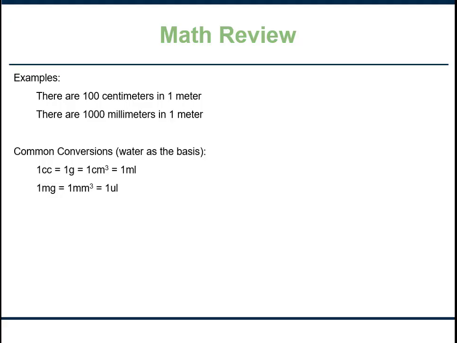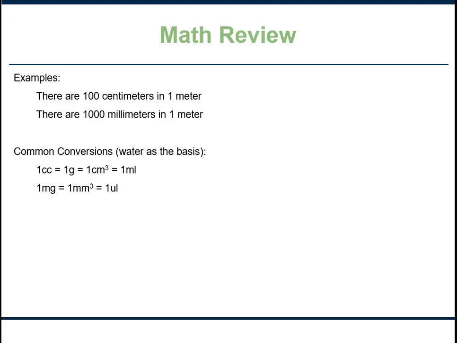It's very common to use a U symbol to represent micro, so 1 to the 1 millionth, and use an M symbol to represent milliliters. Now, I've seen other people use different symbols, because a lot of times if you write a U or you write an M, they can actually look very, very similar. So it can be confusing. So make sure that you're aware of this and that you look out for ML or UL.